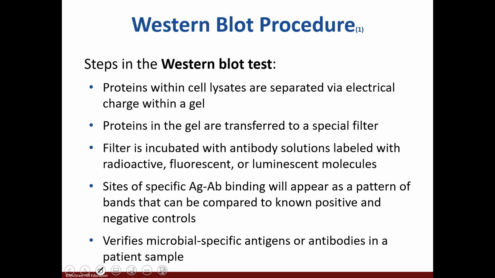The Western blot is used to determine the presence of certain proteins via an electrical charge. The gel is then transferred to a filter, which is incubated with antibodies. The antigen-antibody reactions can be visualized as bands, which help to determine the presence of specific antigens or antibodies in the sample.